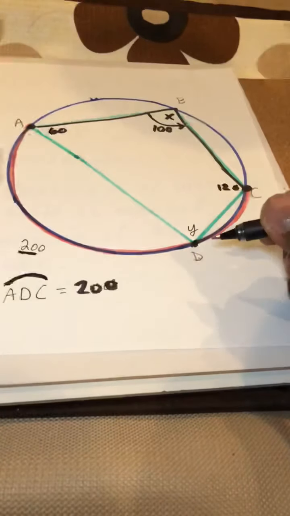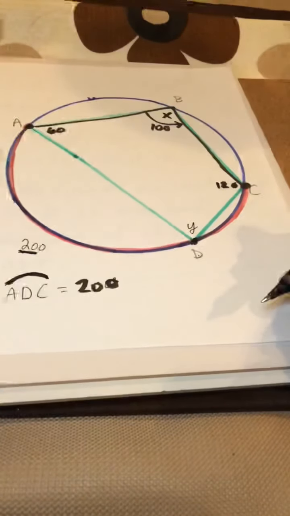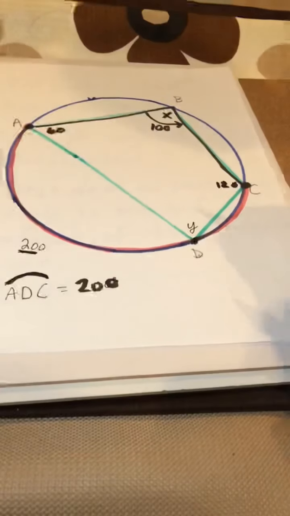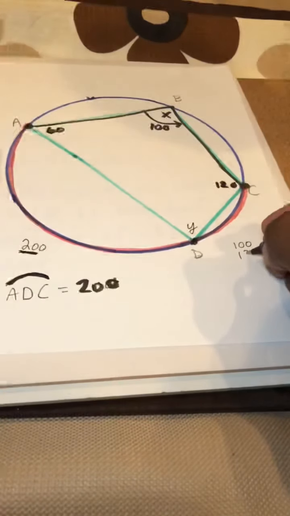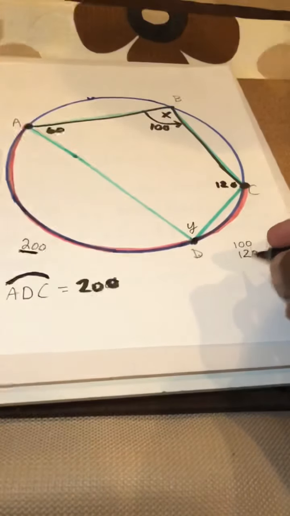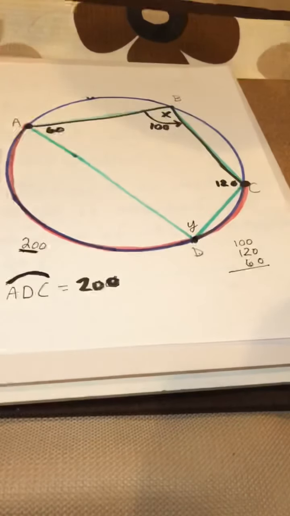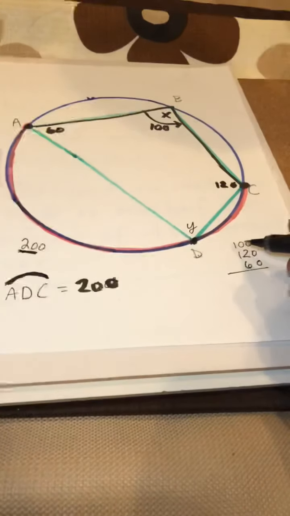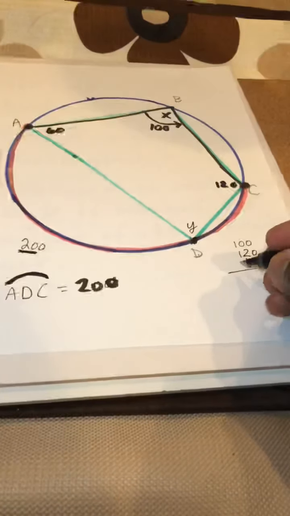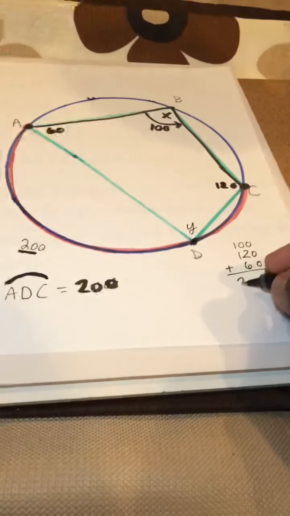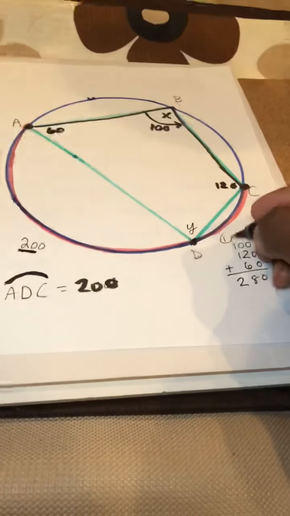You see how it looks difficult, but really all you had to do is use that one rule, and then the fact that the four angles, just like I said, is equal to 360. So we can add, right? You can just add them, right? And then you end up with 280, I believe, correct? All right, that's step one, right?